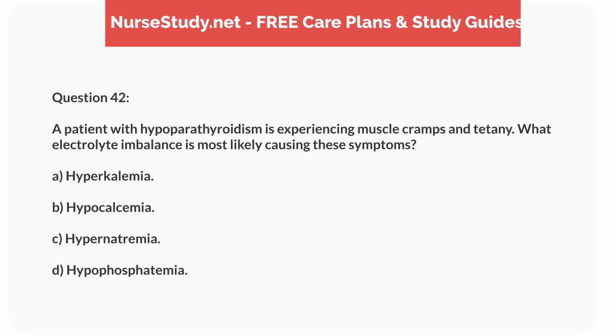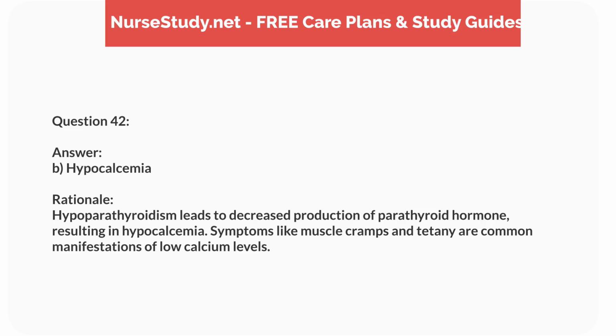D. Hypophosphatemia. Answer: B. Hypocalcemia. Rationale: hypoparathyroidism leads to decreased production of parathyroid hormone, resulting in hypocalcemia. Symptoms like muscle cramps and tetany are common manifestations of low calcium levels.